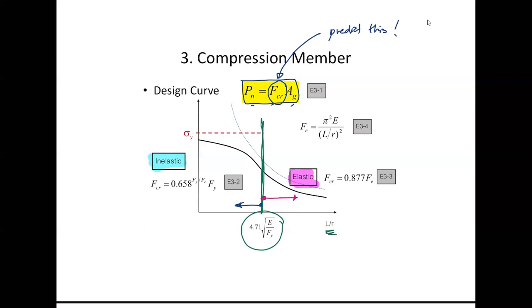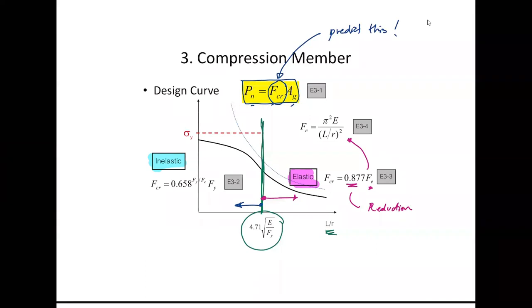Okay. Now, if it's elastic, the critical buckling stress is simply this formula multiplied by that constant, you see? So that means when your compression member is in the elastic region, it is basically this elastic buckling stress reduced by some number, about 12%.